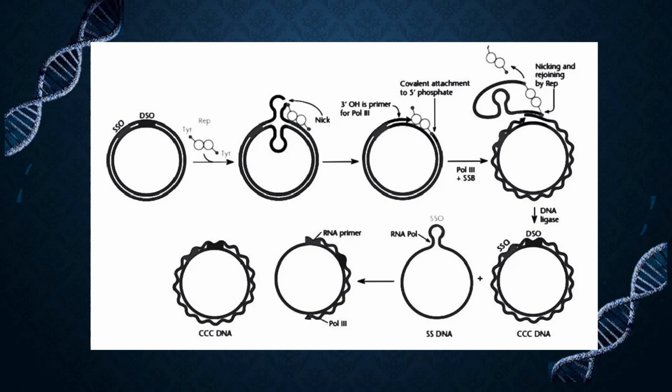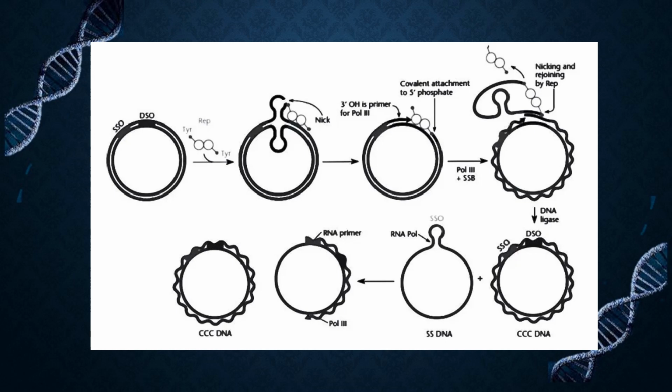This rolling circle model is unidirectional, asynchronous, asymmetric, and continuous. Like the strand displacement model, here also there is no formation of Okazaki fragments. So that's all about the rolling circle model of replication.